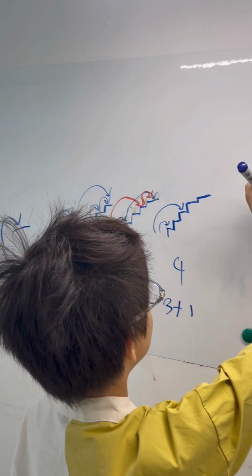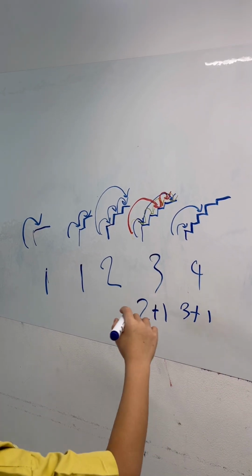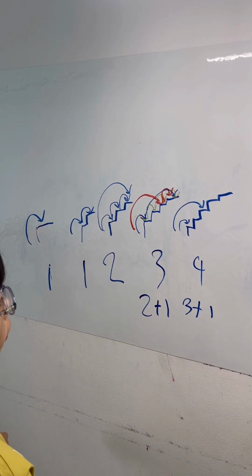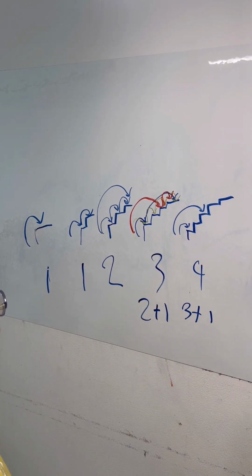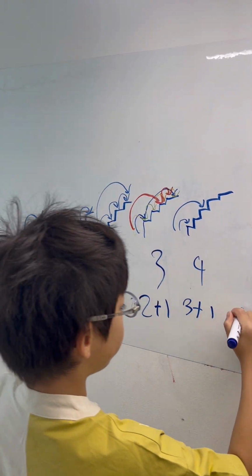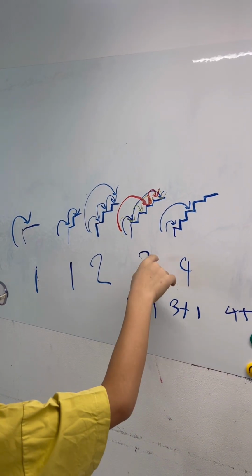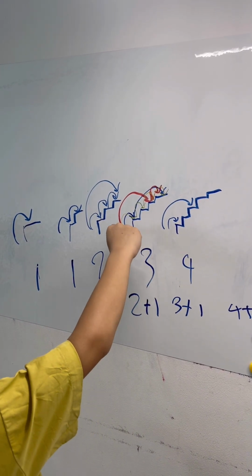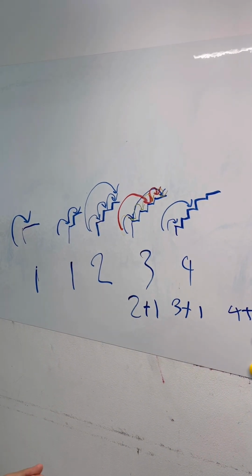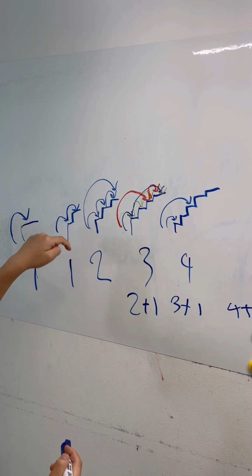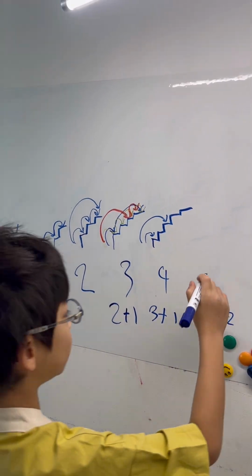If there's 6 steps, if you take 1 step at first, then you'll have this scenario. And then this would be 4. And well, if you take 3 steps, then you'll end up with 3 more steps, which is this scenario. So you use 4 add 2, which is 6.